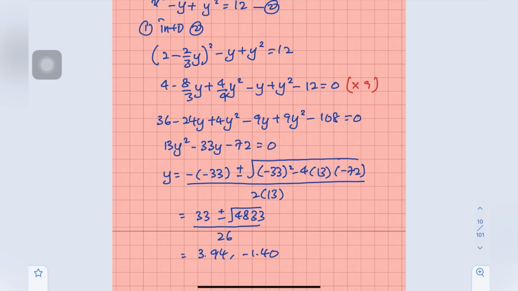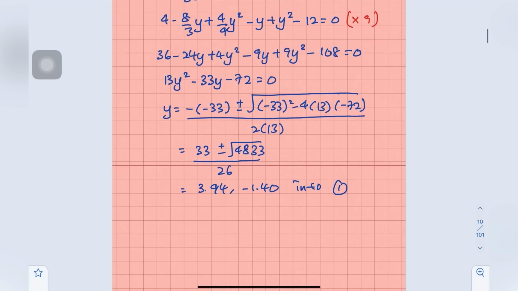Okay, so this one we substitute into equation 1 to find the value of x. When y equals 3.94, x equals 2 minus 2 over 3 times 3.94, which equals negative 0.627, also in 3 significant figures.